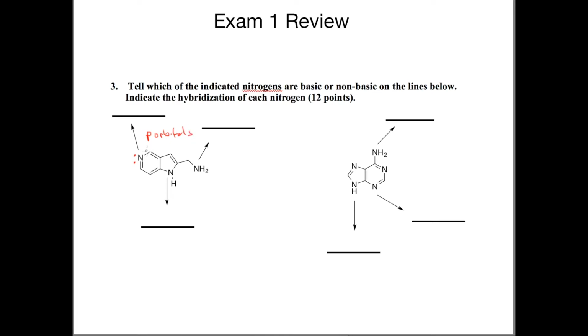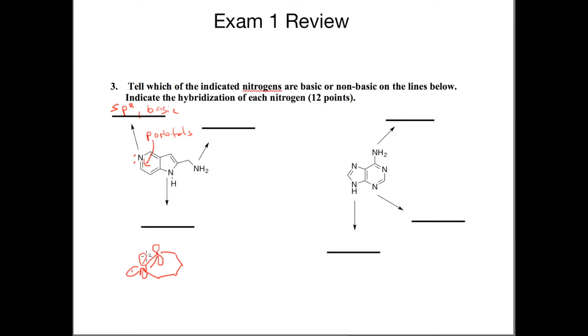If we look at this guy, we're determining whether or not something is basic, and we also need to look at the hybridization. So notice that I have p orbitals that are within the system that are attached to my nitrogen. So the lone pair on the nitrogen there is actually going to be perpendicular to the pi system. So you can see that I put this here with my p orbital, and then the sp2 orbital that is out to the left, that actually contains that lone pair.